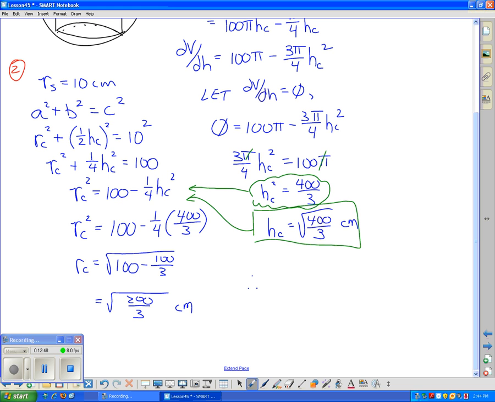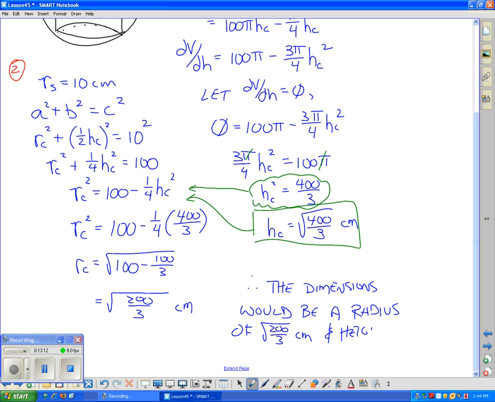So therefore, the dimensions would be a radius of root 200 over 3 centimeters and a height of root 400 over 3 centimeters.